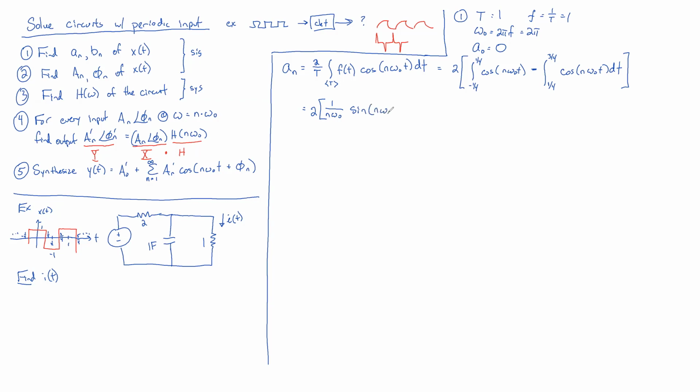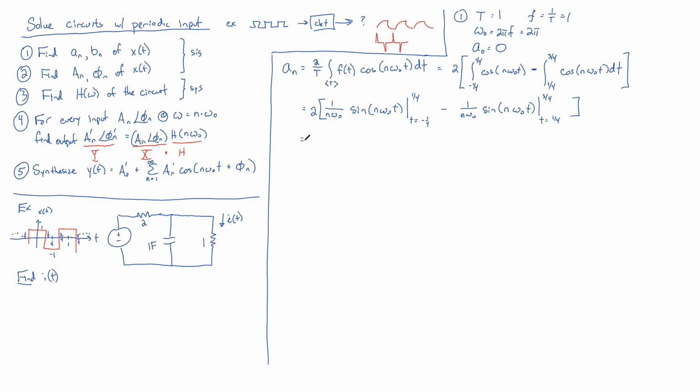And we'll evaluate that between t, since we're evaluating with respect to t, equals -1/4 to +1/4. And then from that, we'll subtract 1 over n omega naught sine of n omega naught t evaluated between t equals 1/4 and 3/4.